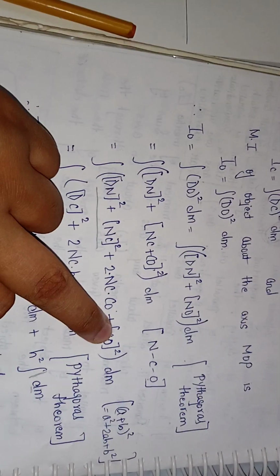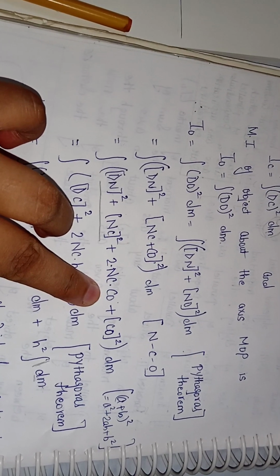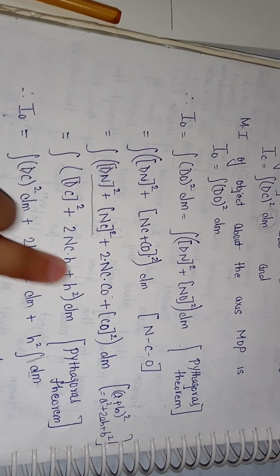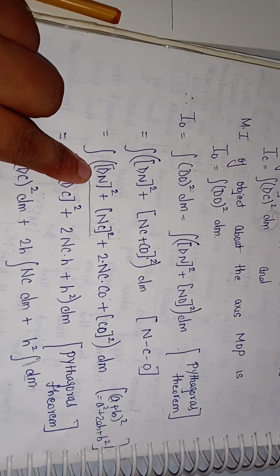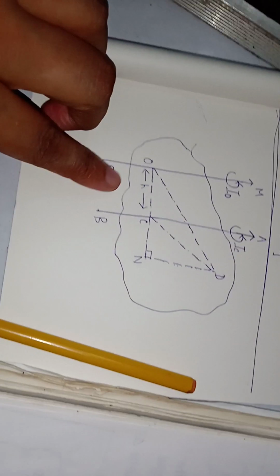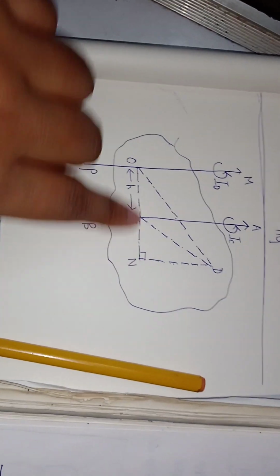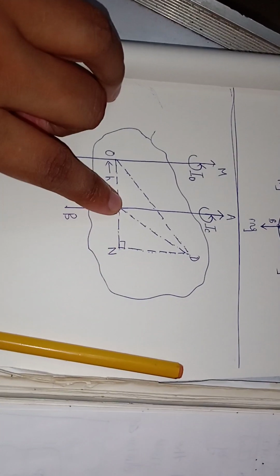Now we already stated that CO is h, so we substitute the value of CO as h. And this part, DN square plus NC square, will give DC square. This is the Pythagoras theorem.